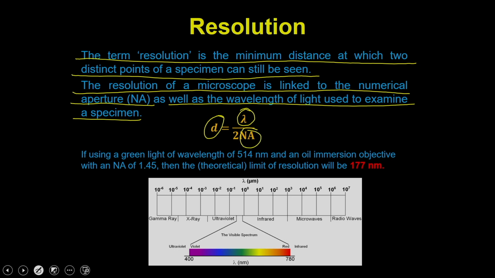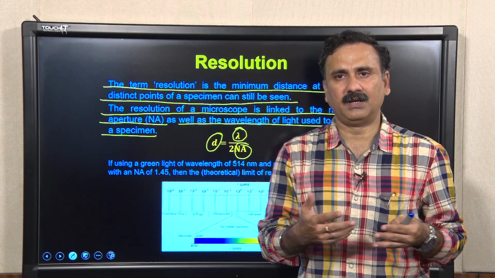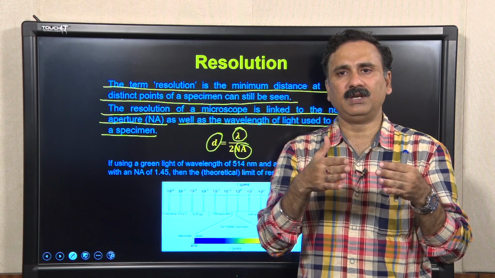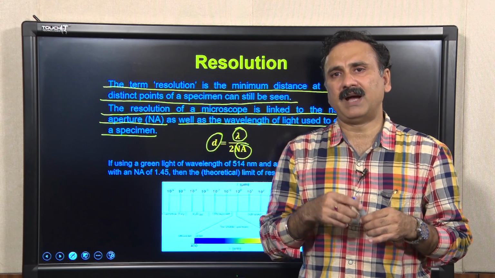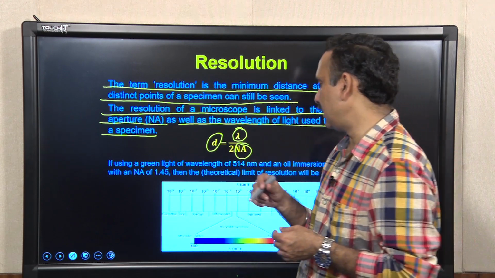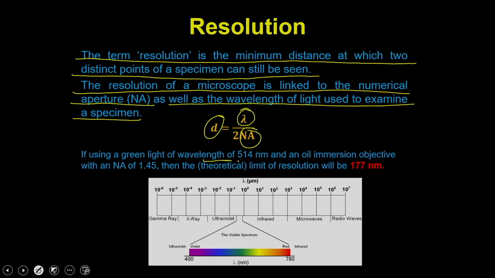Even if you use the fluorescence microscope or the light microscope, you are going to use the visible range of the spectrum. Imagine I am using green light, which has a wavelength of 540 nanometer, and with a light microscope using the oil immersion objective, the numerical aperture is 1.45.